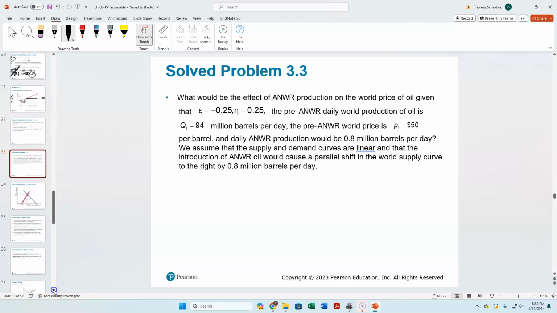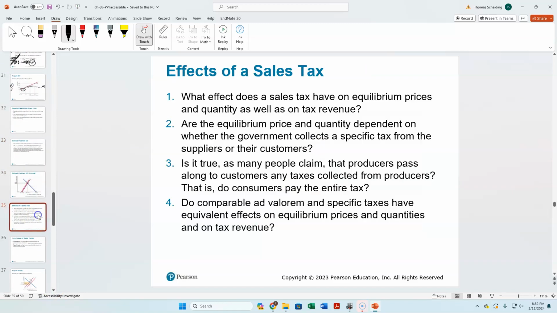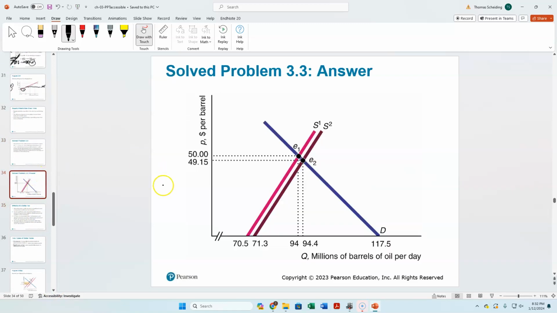Essentially what we would do here is look at the price changing, in this case by 85 cents.